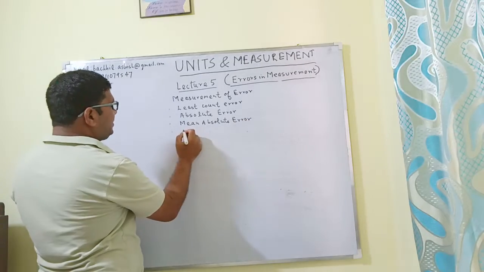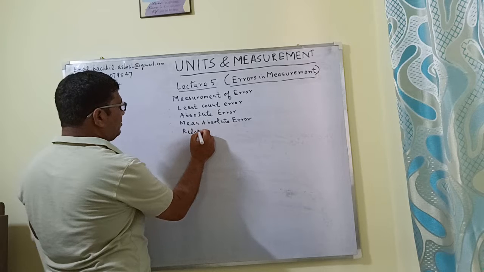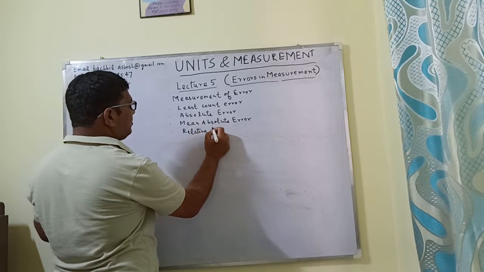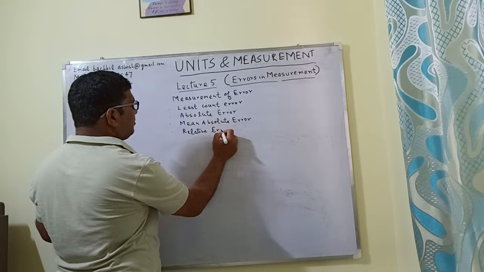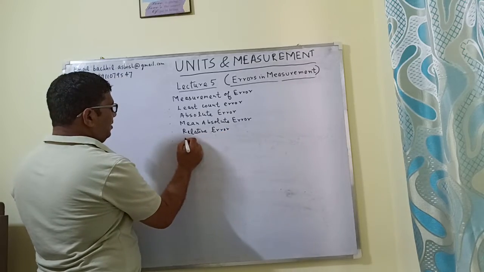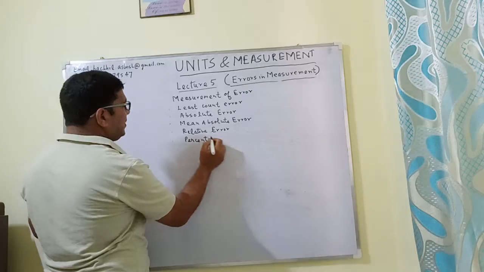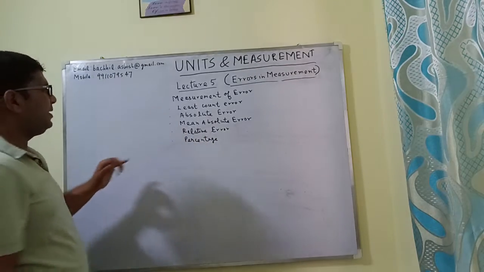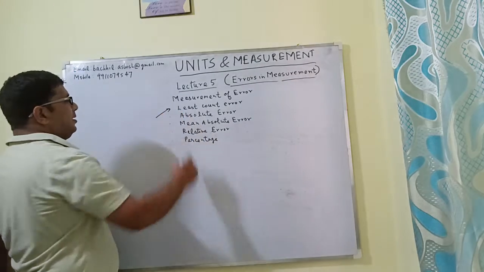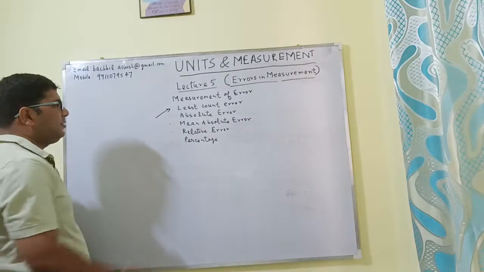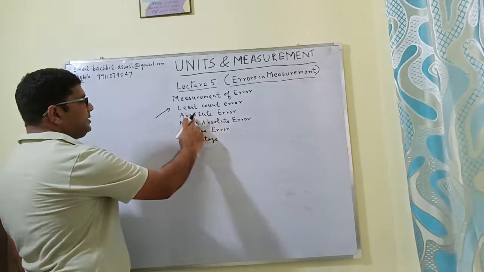The fourth one is the relative error. And then comes the percentage error. So here we have discussed the least count error. Now the second point is the absolute error.